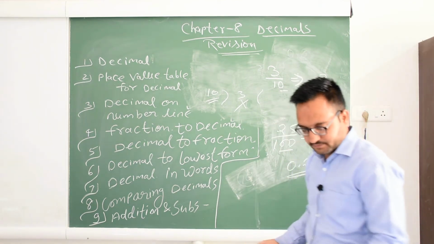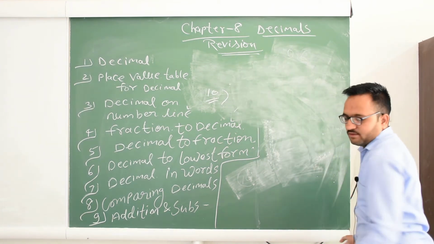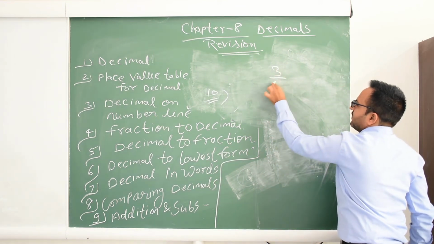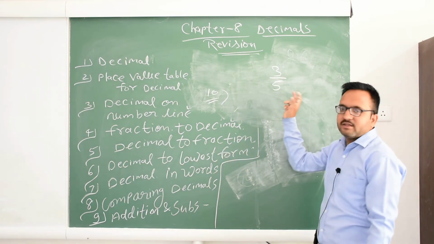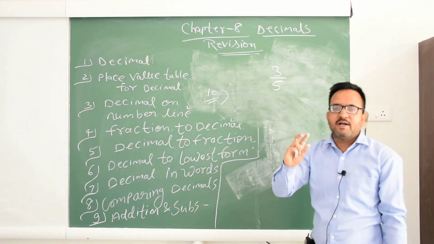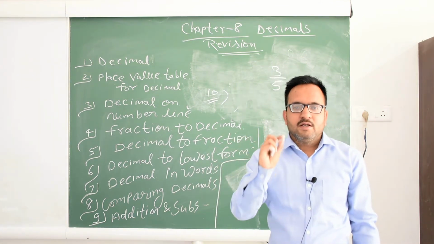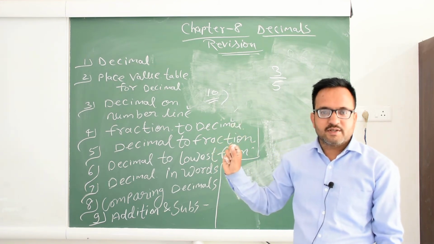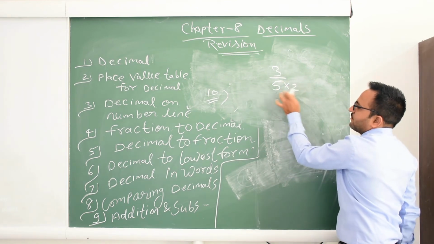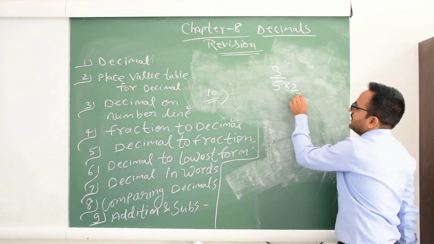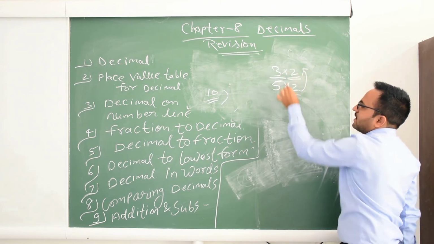Now in the case of 3 by 5, here we have no zeros. So we make the denominator 10, 100 or 1000. How do we convert to 10? 5 times 2 is 10, and we multiply the numerator by 2 as well.